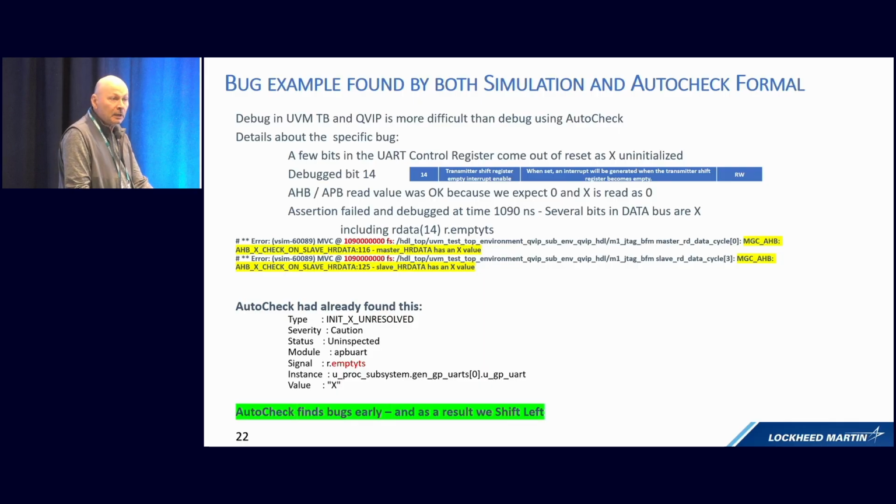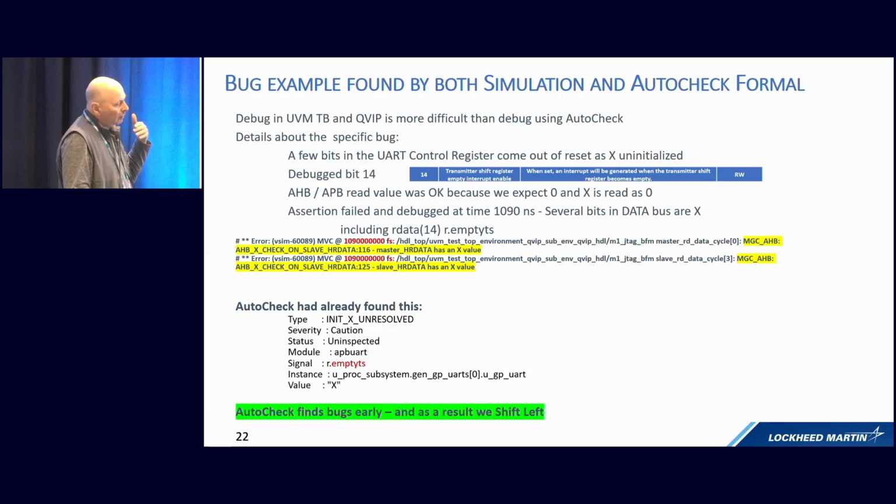It's an IP, and the IP vendor did the right thing. A bunch of bits are initialized always, and a bunch of bits are initialized only when the customer does a specific setup. We thought that we did that, but it wasn't correct. So there are a bunch of bits from the control registers that were not initialized when we do the read.